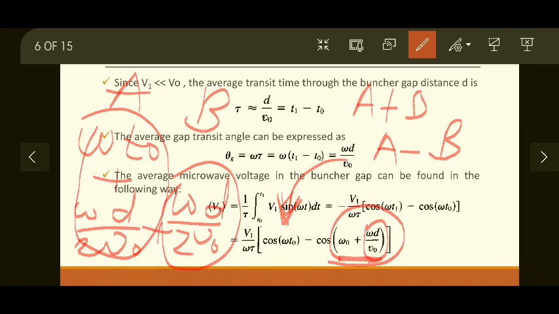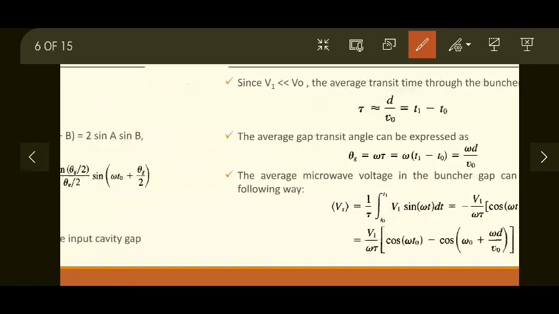So cos of A minus B minus cos of A plus B. Now we know the trigonometric formula for this type of function. So we have rearranged this into cos of A minus B minus cos of A plus B. I hope this is clear.